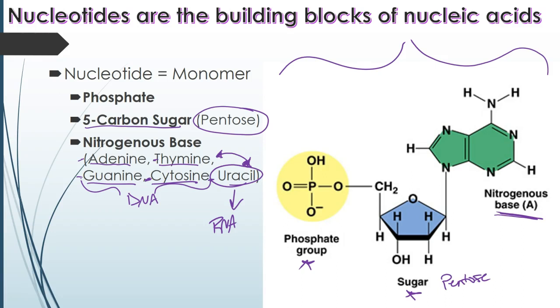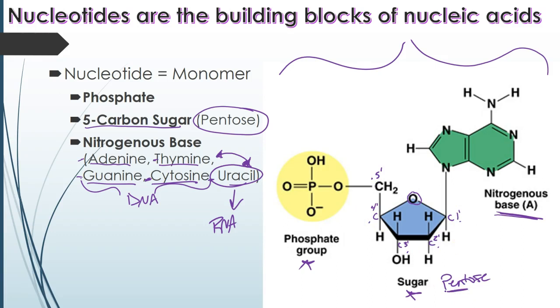We can't really see the carbons in this picture, but every time we have an angle in this pentose, you can assume there's a carbon. So we have the first prime carbon, the second prime, third prime, fourth prime, and fifth prime carbon. The top of this pentose is an oxygen. So we have 1, 2, 3, 4, and 5. That's where we get our pentose.